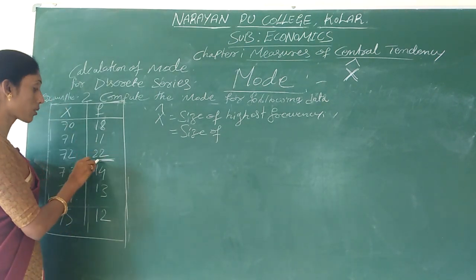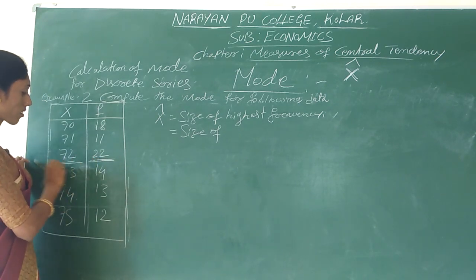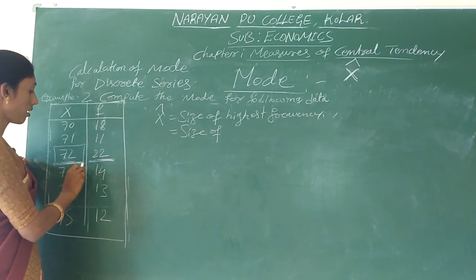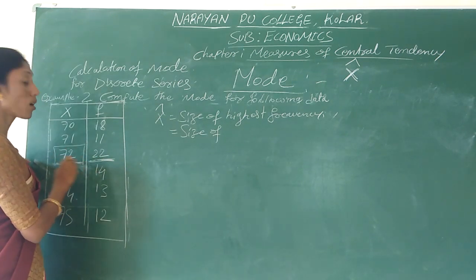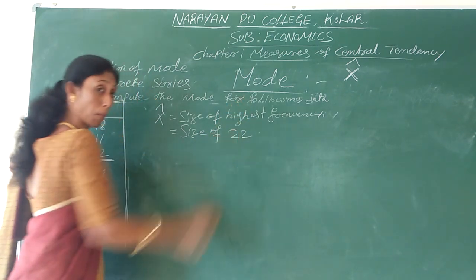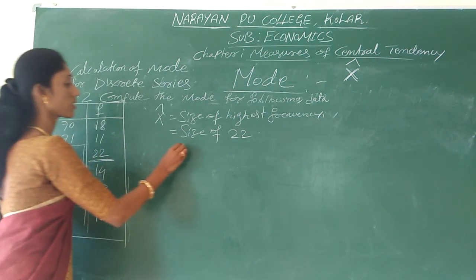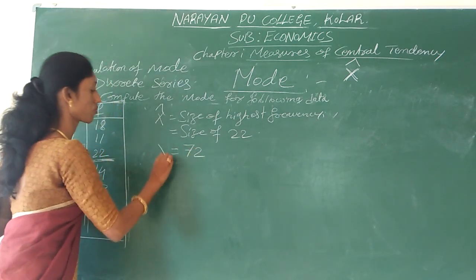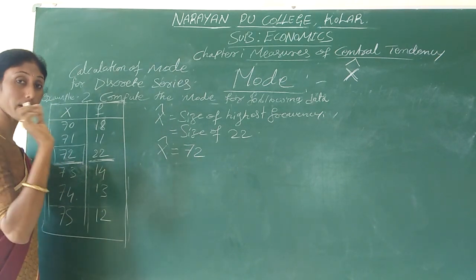Then the corresponding value of this 22 will become the mode. So the size of 22 will be the mode, and the mode will be 72. Got it? Mode means size of highest frequency.